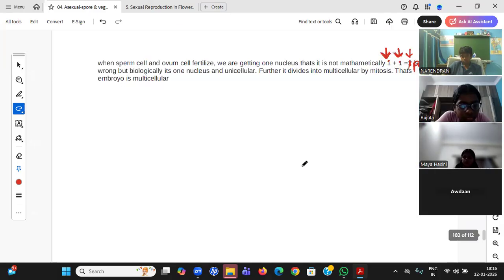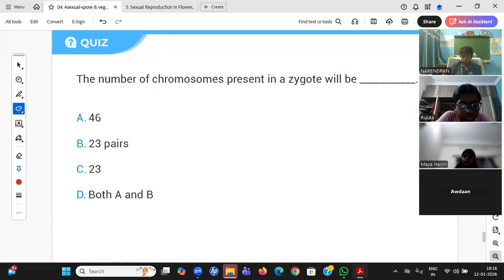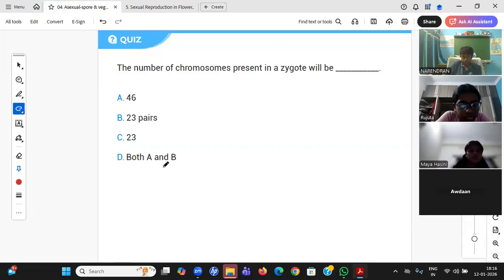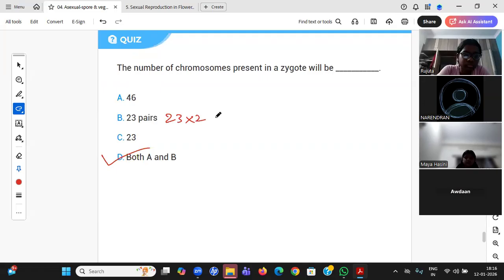The number of chromosomes present in the zygote, give the answer again. Right answer. Both 46 or 23 pairs are the same.